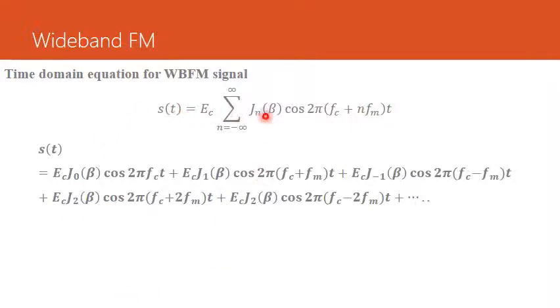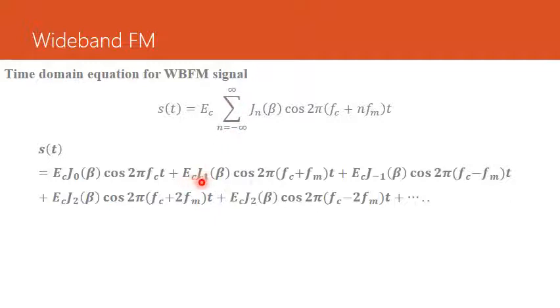Now we can write this equation for different values of n. For n equal to 0, the expression becomes Ec J0 of beta cos 2 pi fc t. Similarly, we can expand this expression for n from minus infinity to infinity.